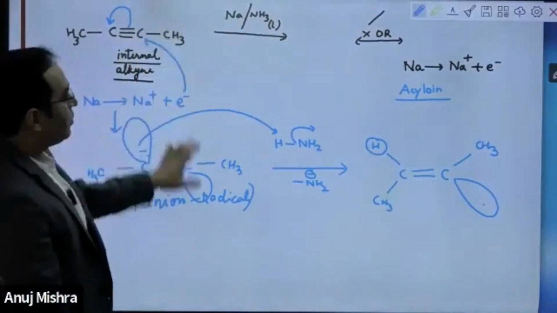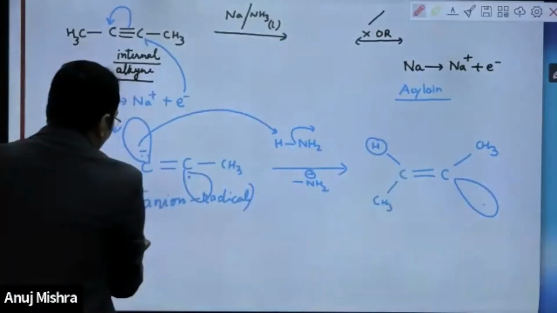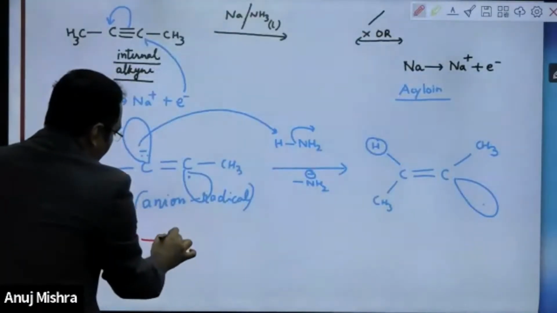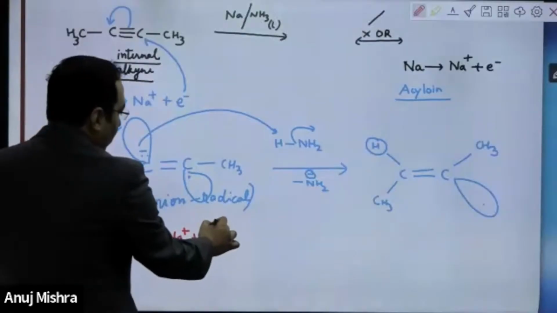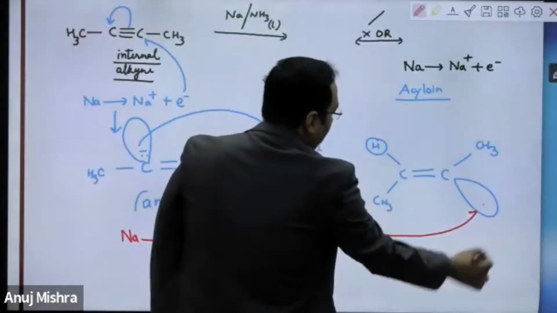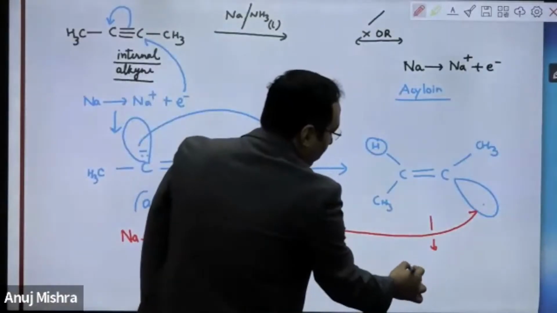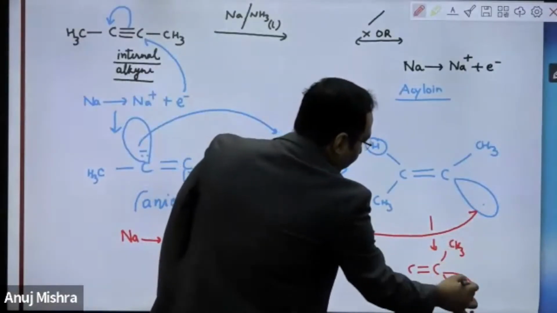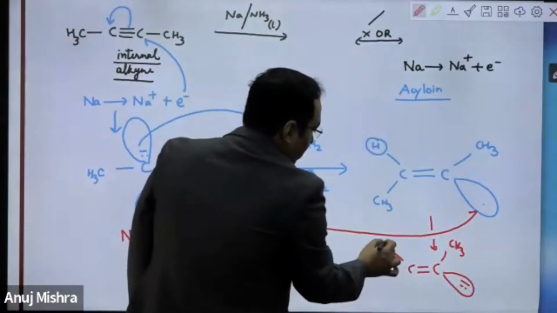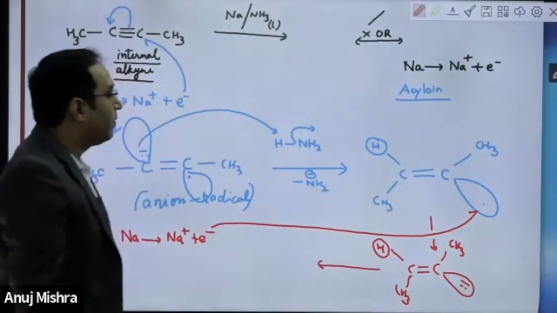Now I'll repeat the same story again. Another Na will come into play. Na will give you Na plus plus an electron. Same thing: this electron will approach here. What will it make? If the electron reaches, it will become negative. One hydrogen is already available here. Now what are you going to repeat?